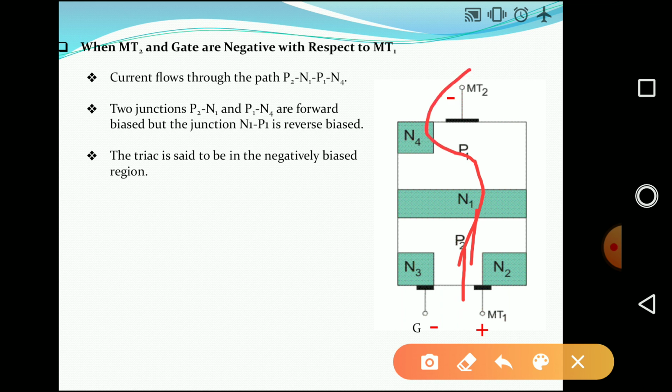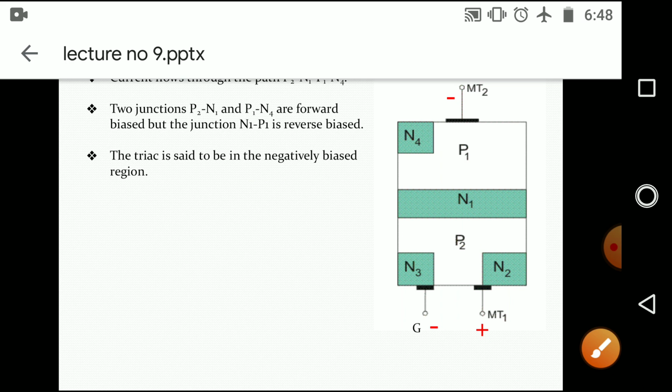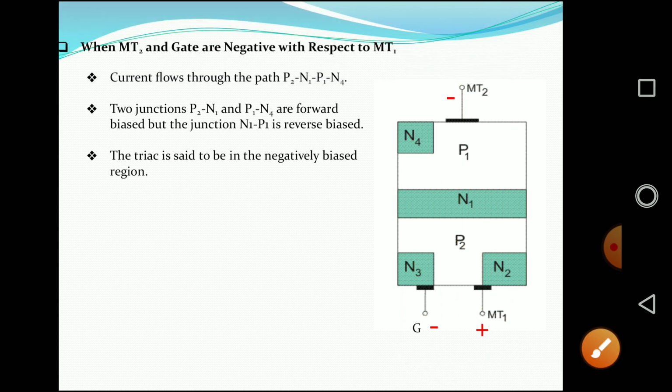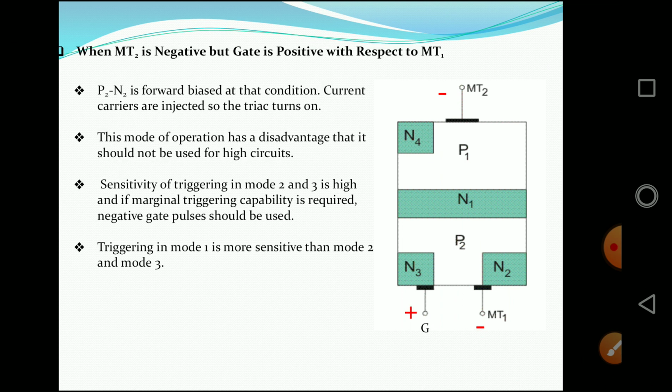So this is the flow of current direction, and during this mode the TRIAC is said to be in the negatively biased region, because during this condition the TRIAC operates in the third quadrant, and when MT2 and gate are positive and MT1 is negative, during that condition the TRIAC will operate in the first quadrant here. So that is called the positively biased region, and this region is called the negatively biased region.